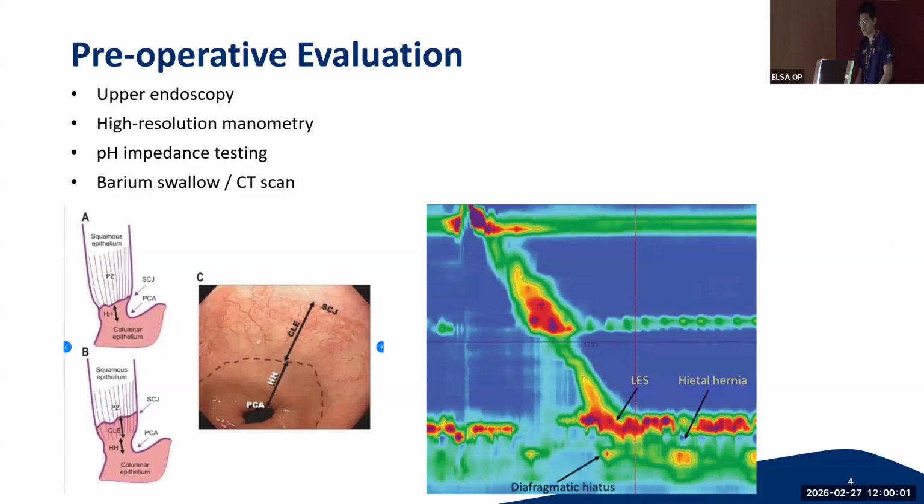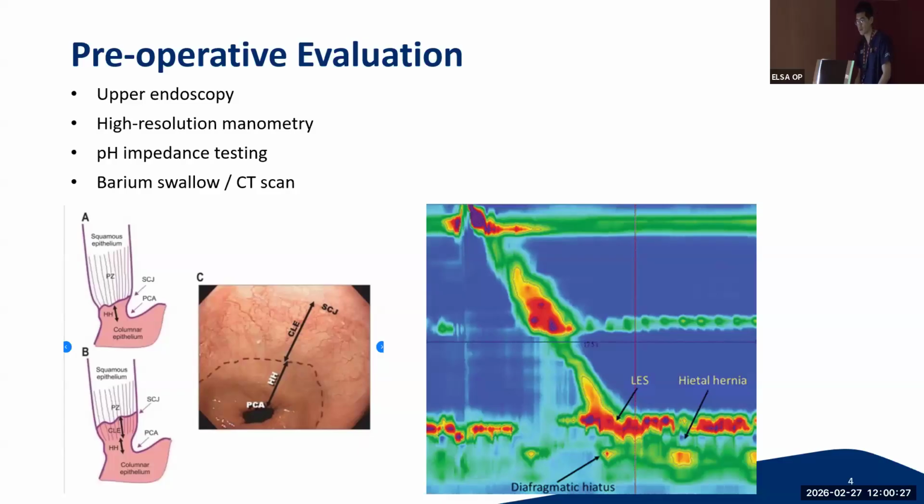What you really have to appreciate is where the squamocolumnar junction is, where the diaphragmatic hinge is, and if you follow the Japanese guidelines, they'll usually look at where the palisade vessels of the esophagus end. So that's probably the true GE junction. If you take the distance between where the palisade vessels end and where the diaphragmatic hinge is, that will give you your axial length of the hiatus hernia.